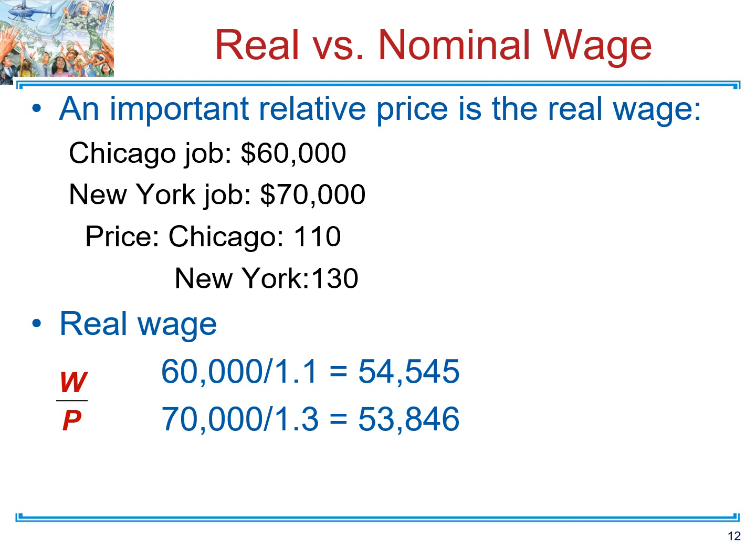Let's assume you got two job offers. The Chicago job promises you a $60,000 annual salary. The New York job offers you $70,000 per year. But at the same time, the price level in Chicago is 110, and in New York it is 130.